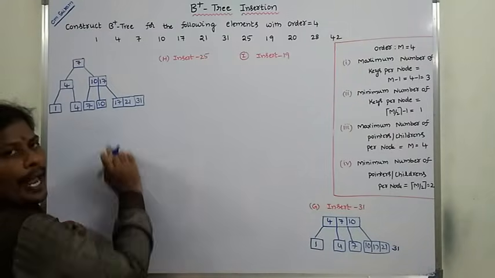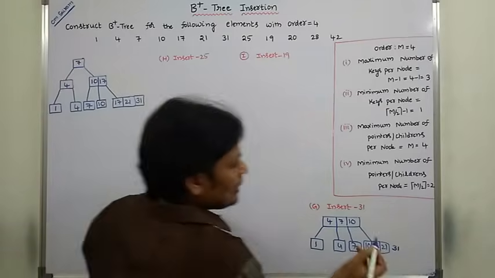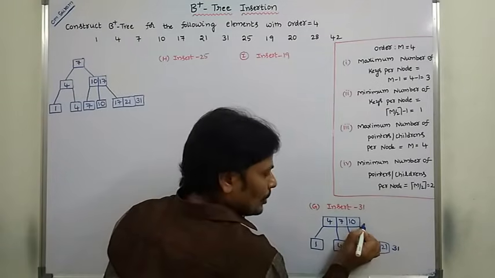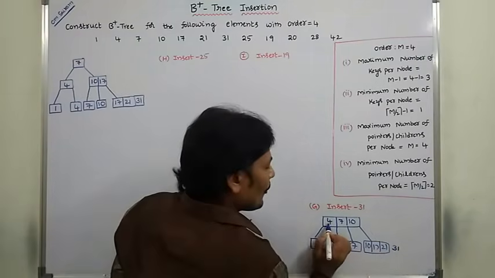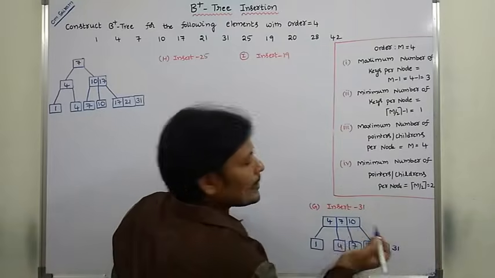17 can also be added at the leaf node. Now this 17 can be added to the root node: 4, 7, 10 and also 17.